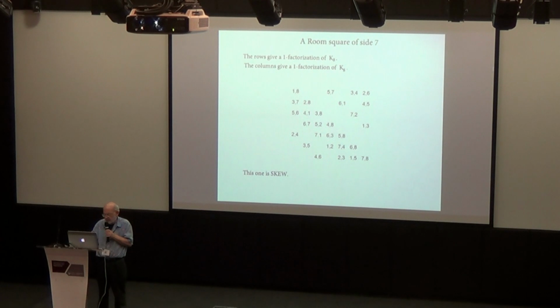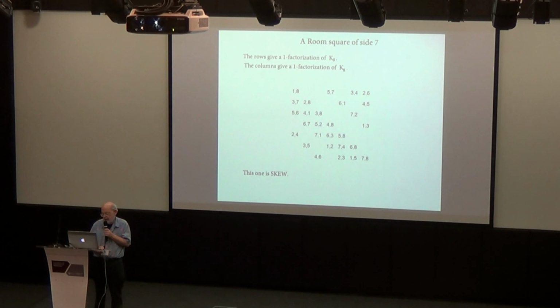Room squares. The rows and columns give 1 factorization of the complete graph. There are grid lines on my slide, but you can't see them. That's all right. It's a 7 by 7 array. And this is a skew room square because there is 1 special symbol, 8, that occurs on the diagonal, and otherwise some cells are empty.